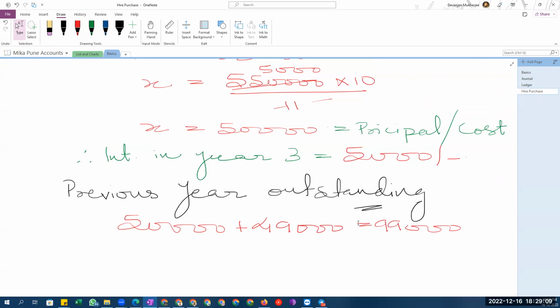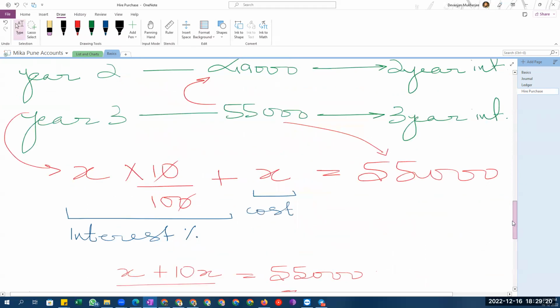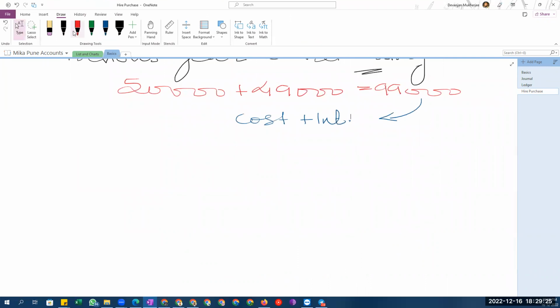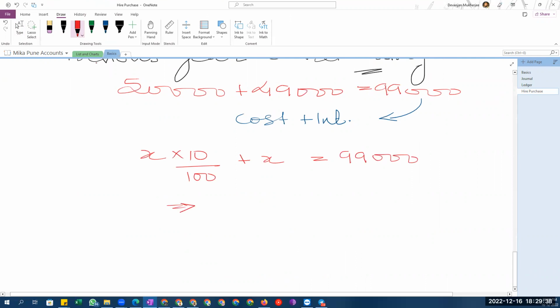Now within this 99,000, there is a cost element in it plus an interest element in it, very similar to the last situation also. So here also we will repeat that same process, that x into 10 by 100 plus x is equal to 99,000.